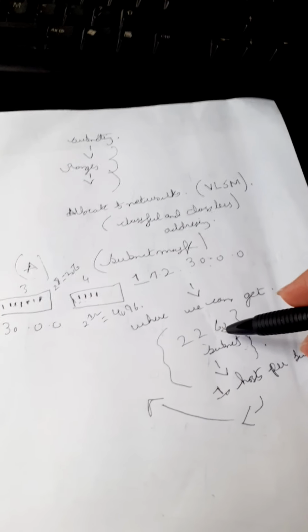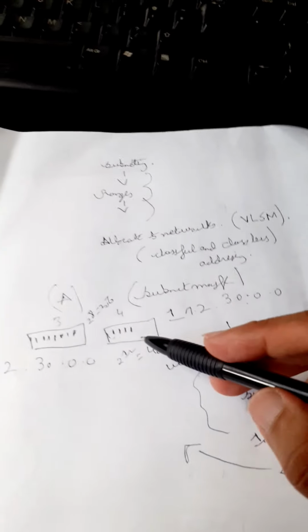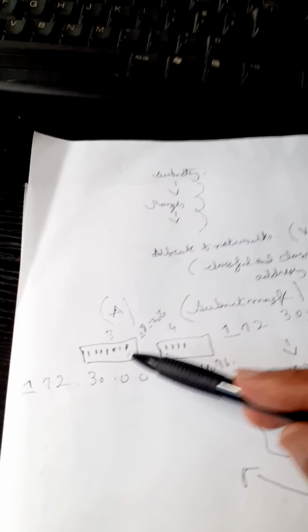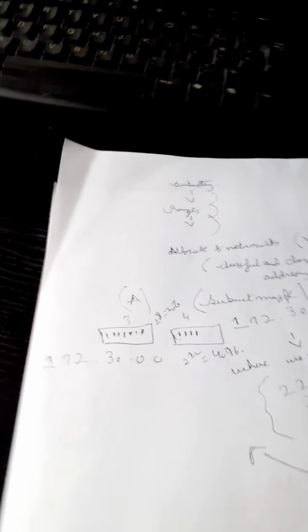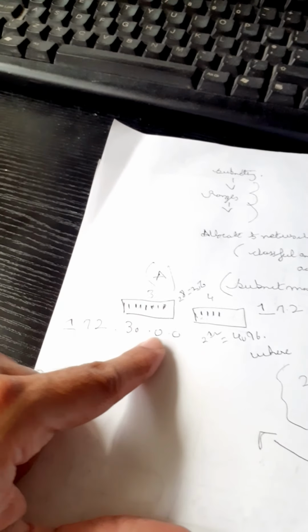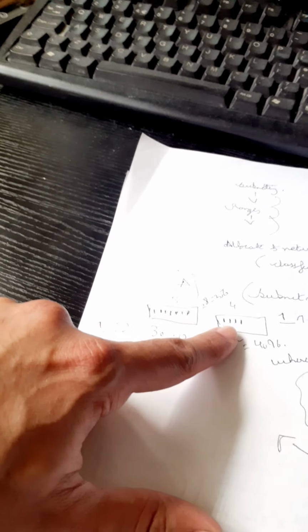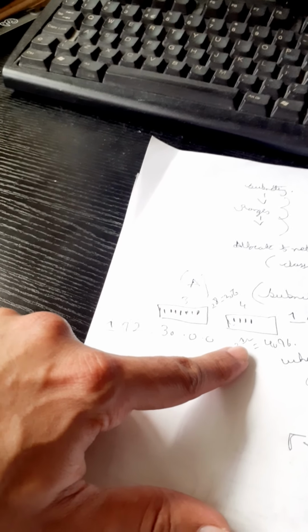Correct? Now we needed 2260 subnets. So once we carry on changing those bits, toggling them from 0 to 1 in the third octet, that comes up to 2 power 12.